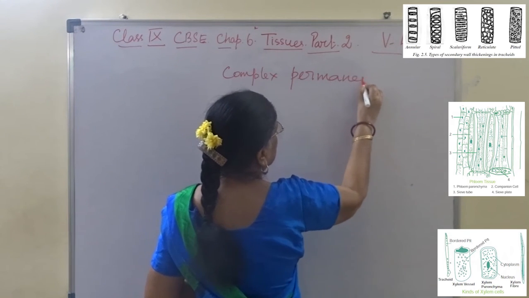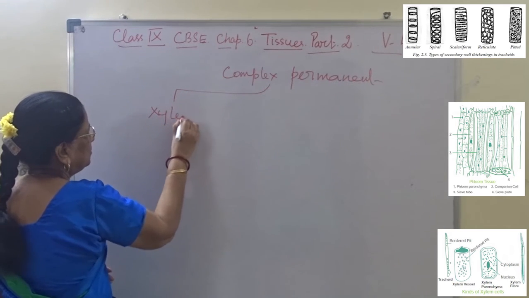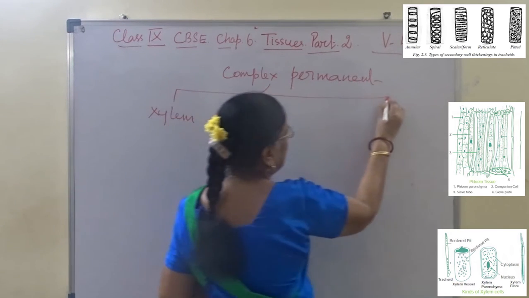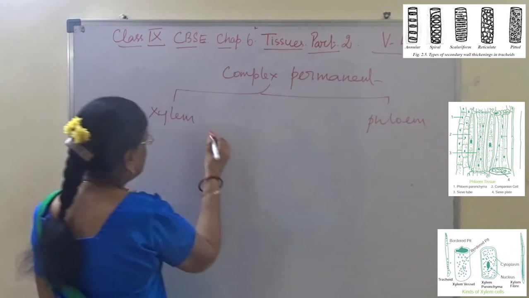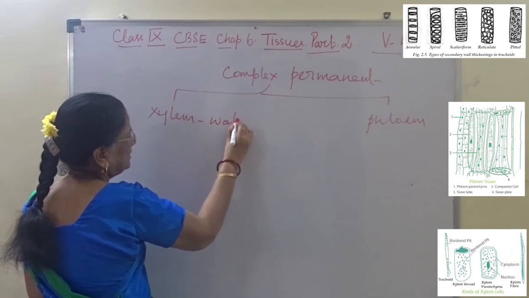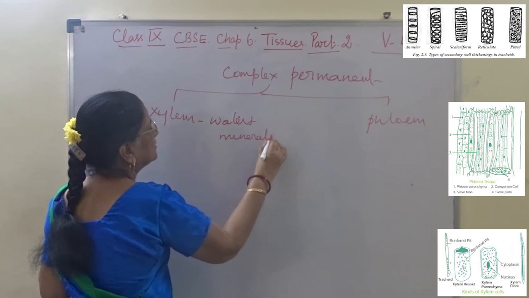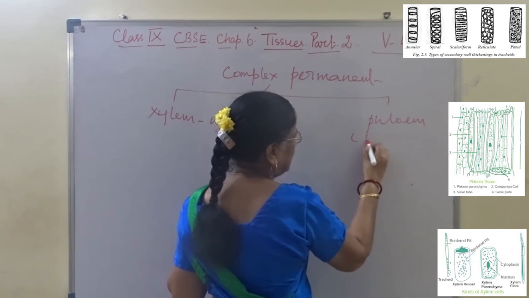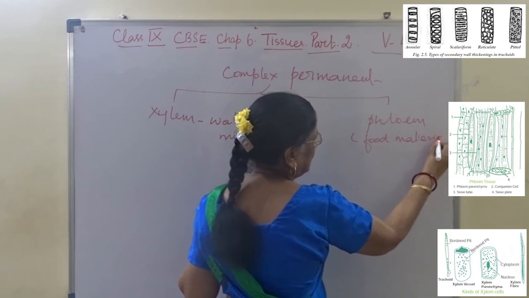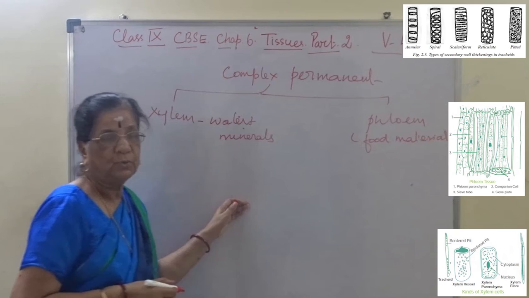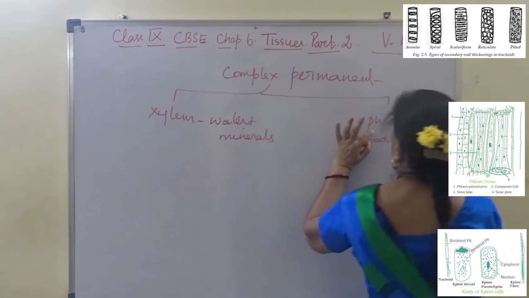Now the xylem, it conducts water and minerals. Phloem conducts food material. Xylem conducts water and phloem conducts food materials. Yeah, that we learned already.